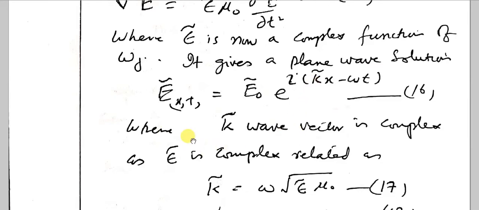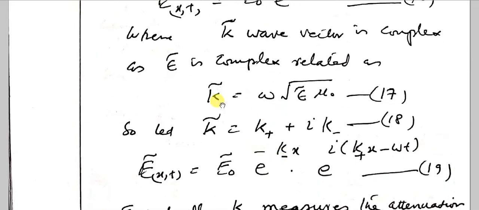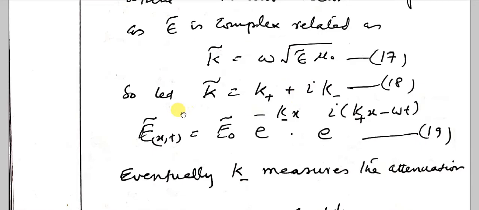They are related: the complex k is omega times the square root of epsilon times mu naught. So let the complex wave vector be k plus plus i k minus.